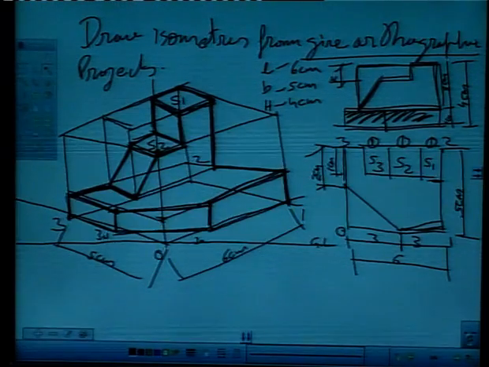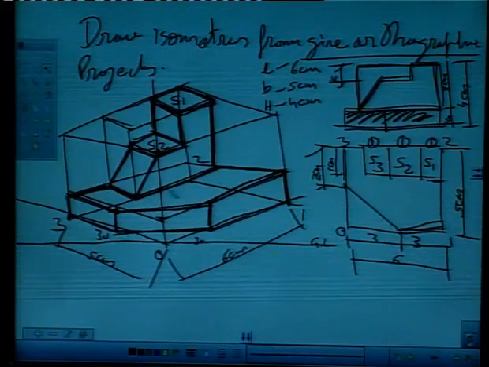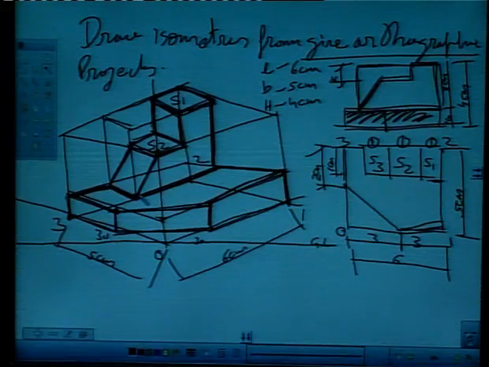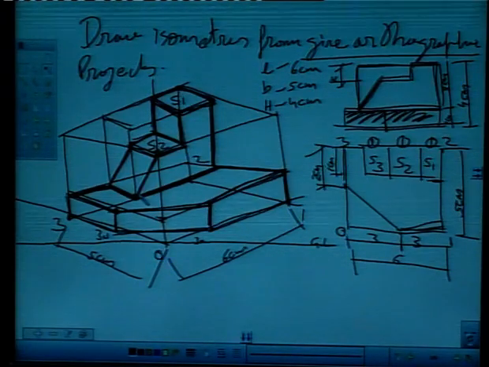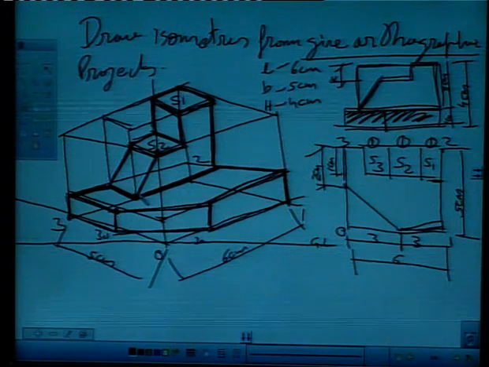So, this will give us, this edge will be also dark, this is also visible to us, right. So, this gives us the isometric projection of the given orthographic projections. It is not simple, it is a little complex. So, if you go step by step, follow the instructions, we can easily do this.